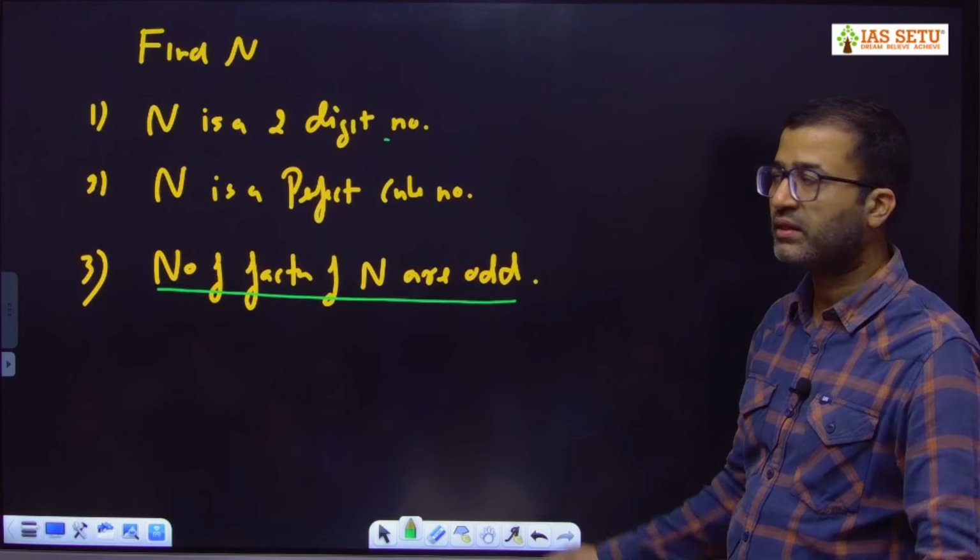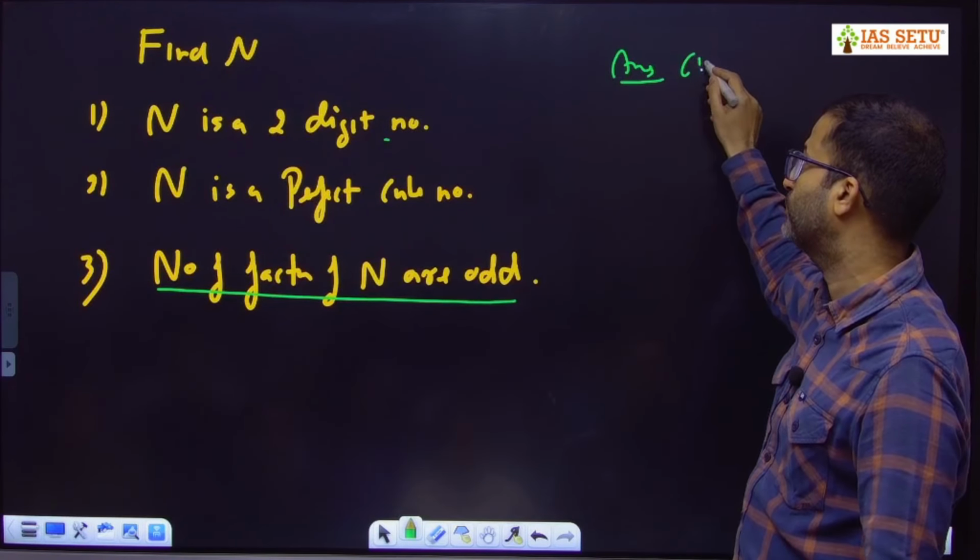I give you 2 methods. Method 1, you write answer 64. पहले तो लिख लो.